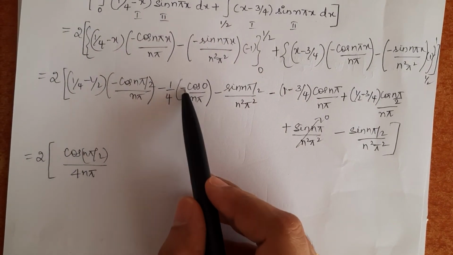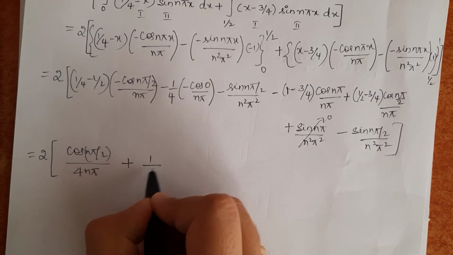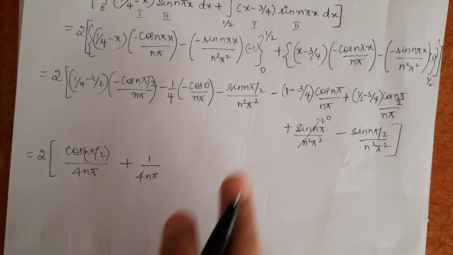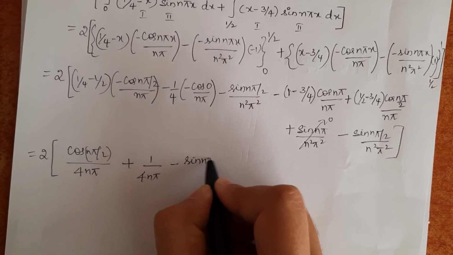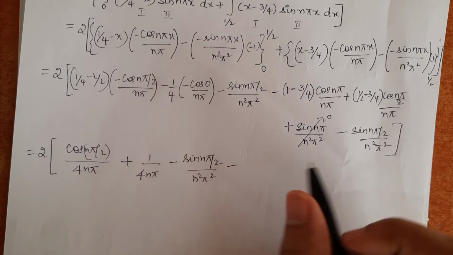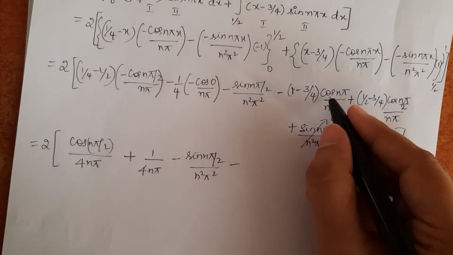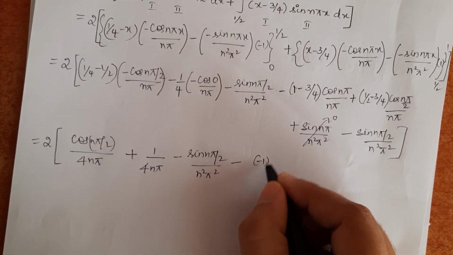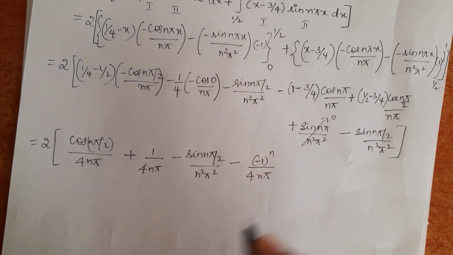Then here, minus into minus is again plus; we know that cos 0 is 1. So, plus 1 by 4n pi. This term should be retained as it is: minus sine n pi by 2 divided by n square pi square. Minus, here again, 1 minus 3/4 is 1/4, and cos n pi is minus 1 to the power n, divided by 4n pi.